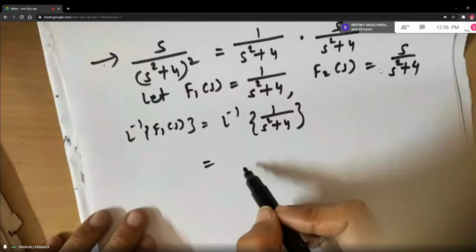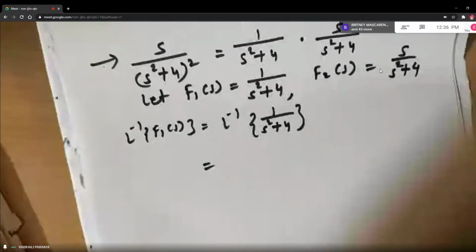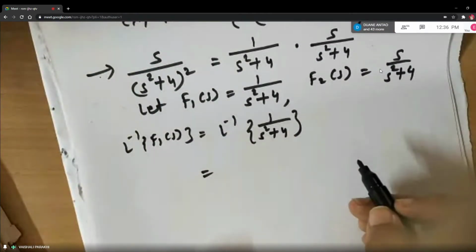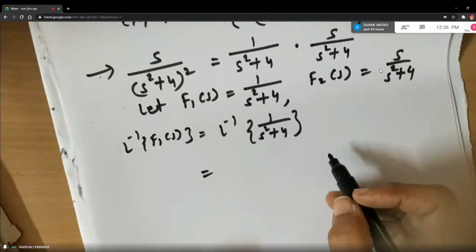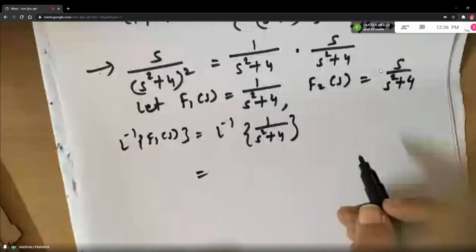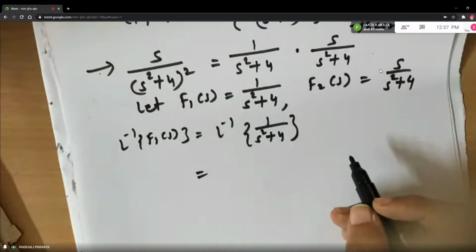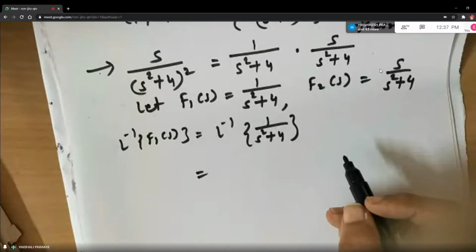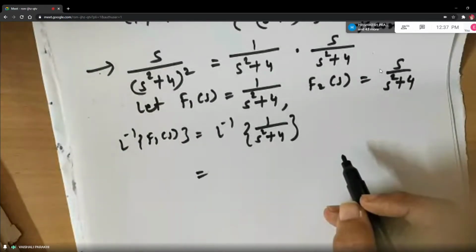And what is this? Guilford, can you tell what is L inverse of 1 upon s square plus 4? Guilford, are you there? You have to unmute yourself. Look at the formula page.